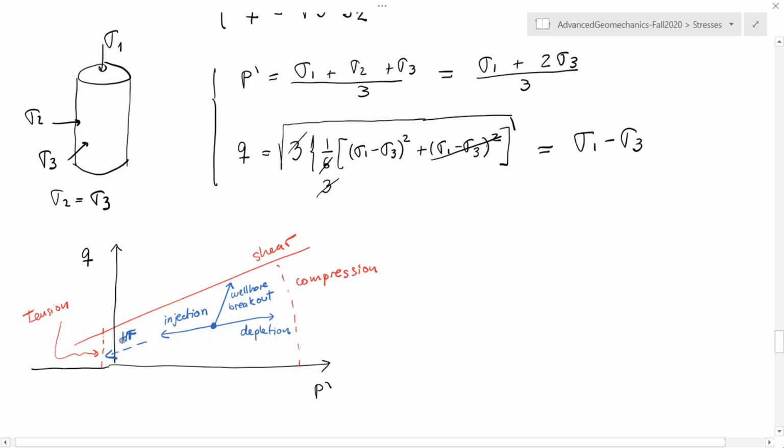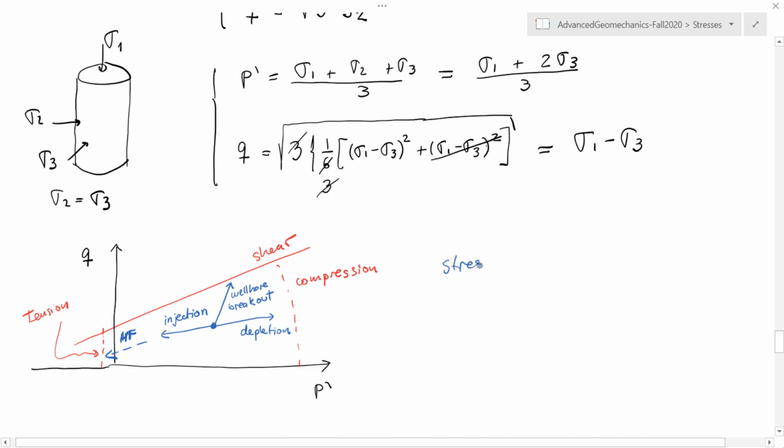So using these invariants is very useful not only for plotting the state of stress in a two-dimensional or in a three-dimensional space, like for example using contour lines, but also for tracking the state of stress as a function of time.